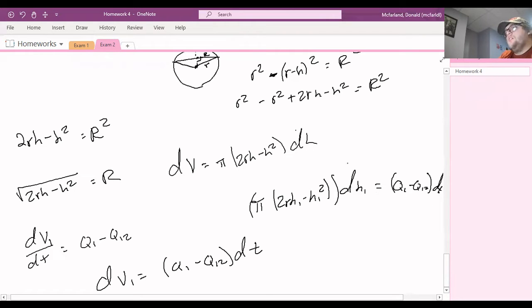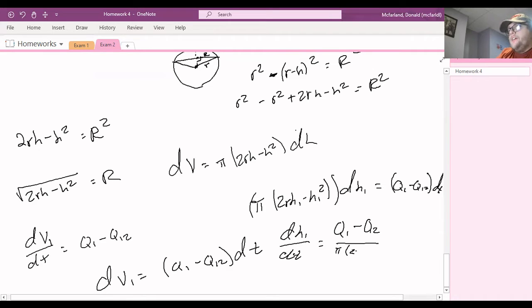So if we take our dt to this side and this expression to the other side, we are left with our change in height with respect to time equal to the difference in the flow rate 1 and flow rate 12, over the area, or the dV we calculated.